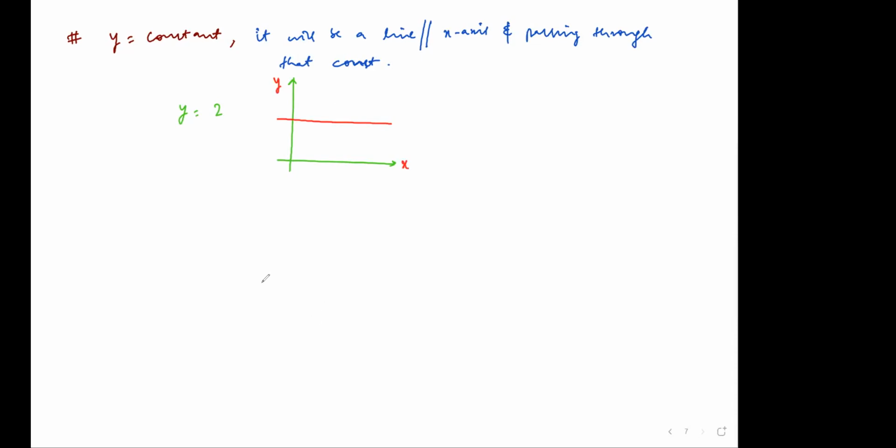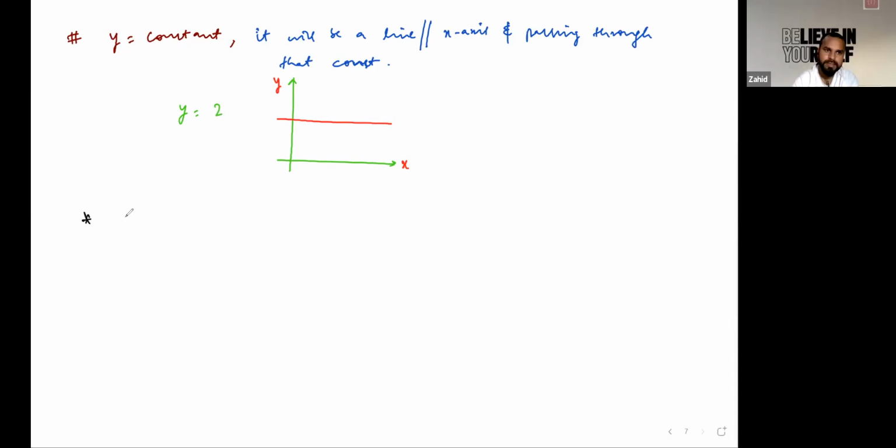Yes, sir. Next, if y is proportional to x, it will be termed a linear or straight line. The general formula of any straight line is y equals mx plus c.